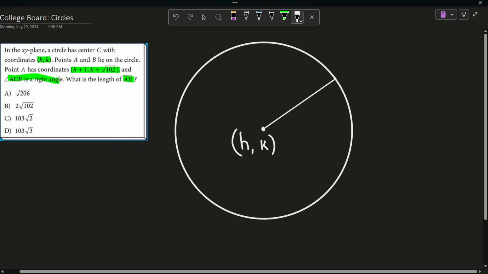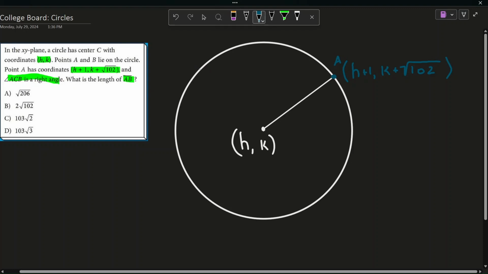And there is a point A on the circle, let's say about here, and point A is located at h plus 1, comma k plus square root of 102.